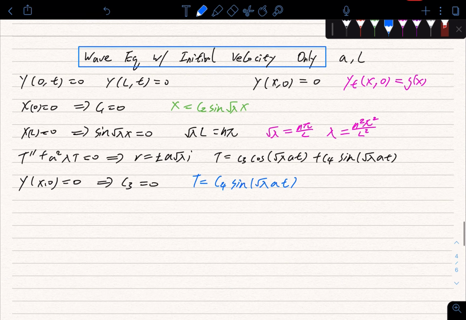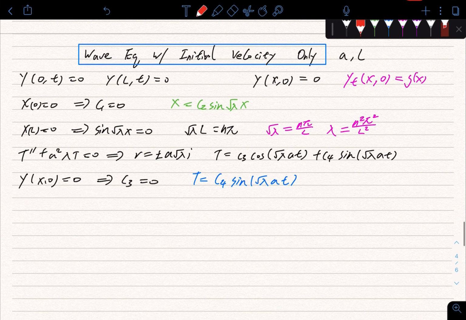All right, and then let's formulate our expression for displacement. So y(x,t) equals the infinite series of bn.